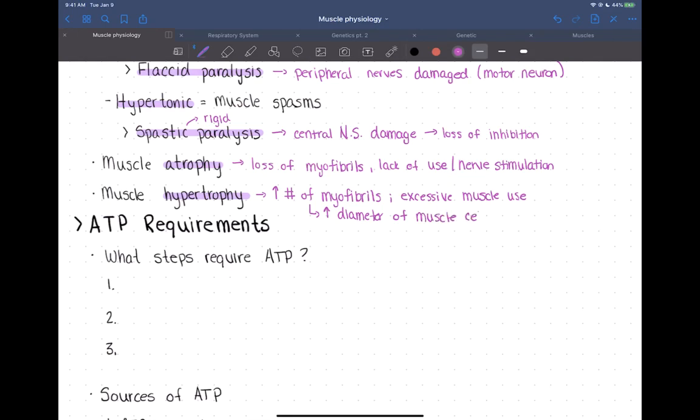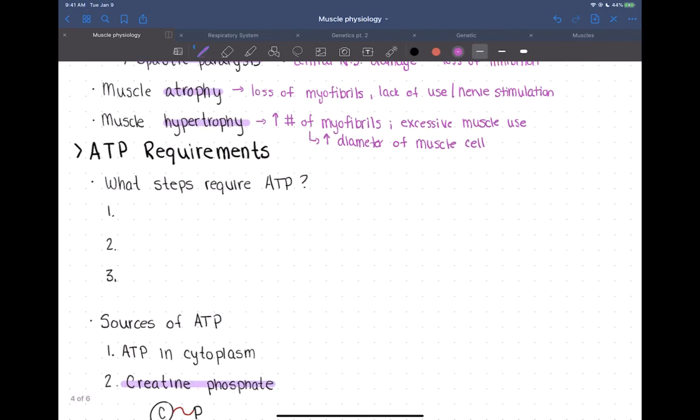All right. Okay. So now we're going to shift gears, and we're going to talk about ATP as it relates to muscle activity. So obviously muscles need energy in order to contract. So let's start out by pointing out there's 3 points in what we talked about in the last video where that muscle cell specifically needs ATP.